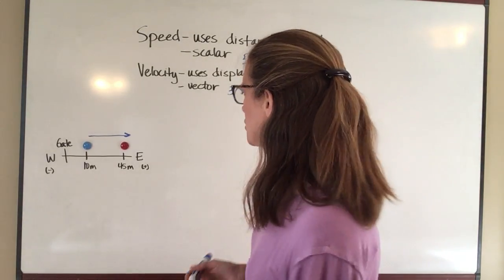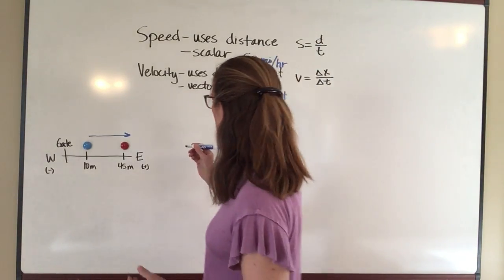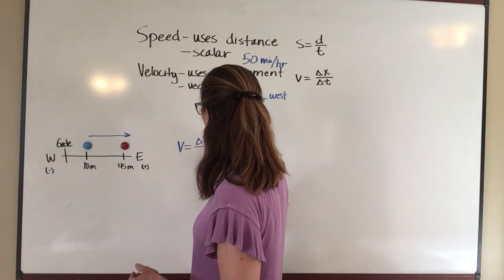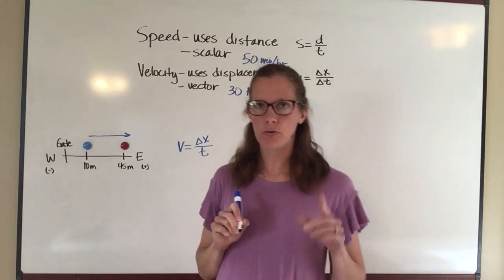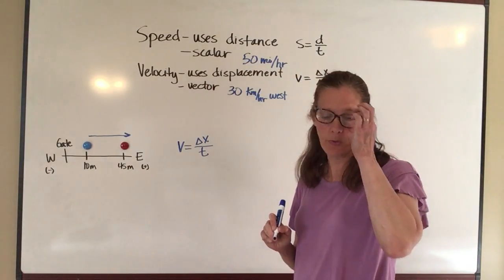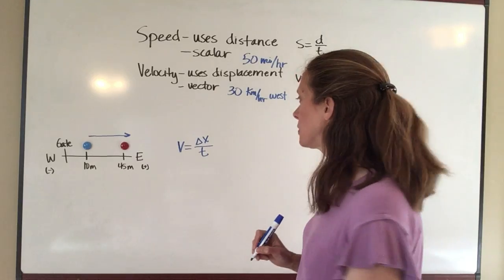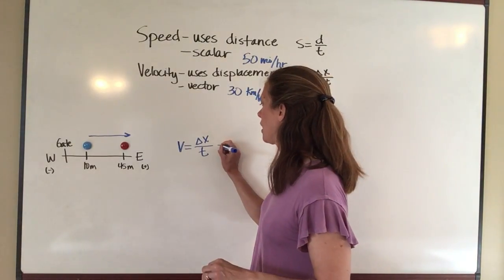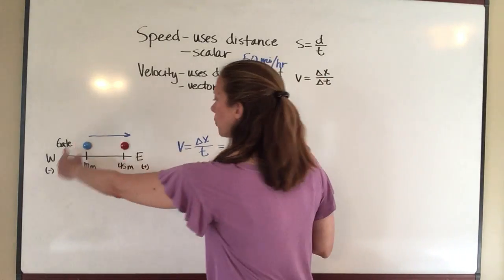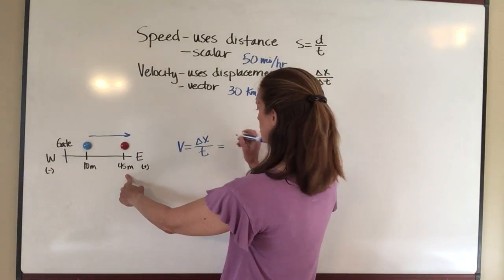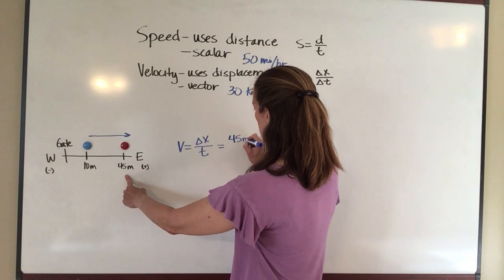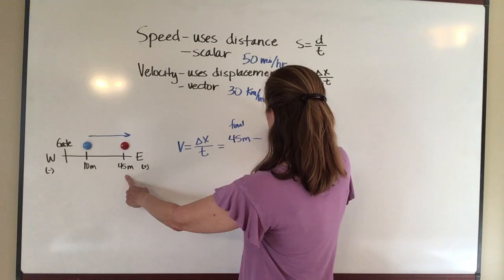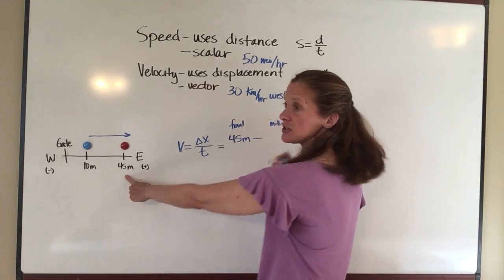All right, so if I am looking for velocity, velocity is displacement over time. Now you'll remember that when we did displacement before, we said displacement was the final location minus the initial location. So if I'm moving from west to east, his final location was 45 meters. Okay, so this is his final location, minus his initial location where he started at.